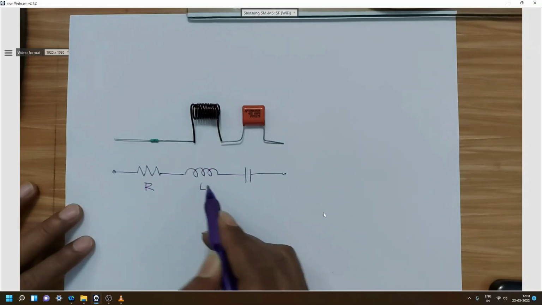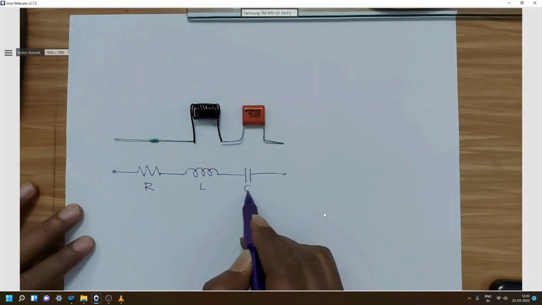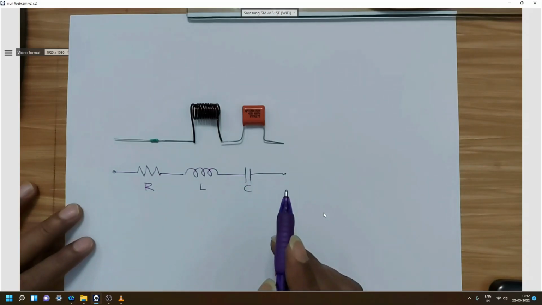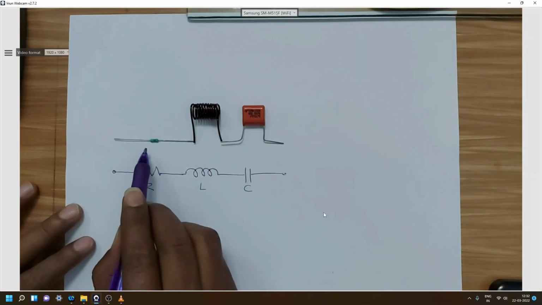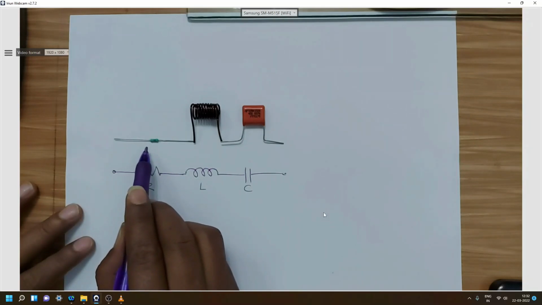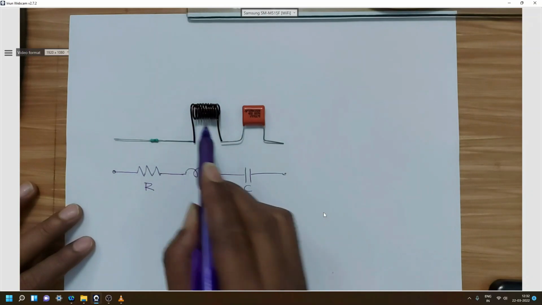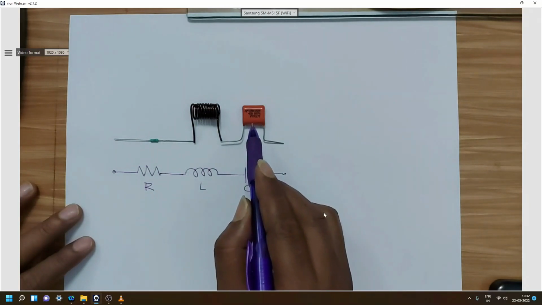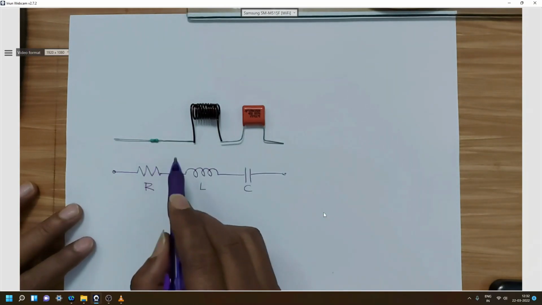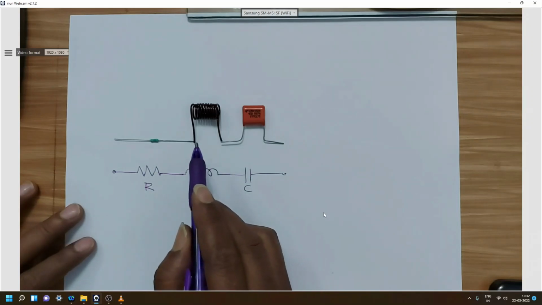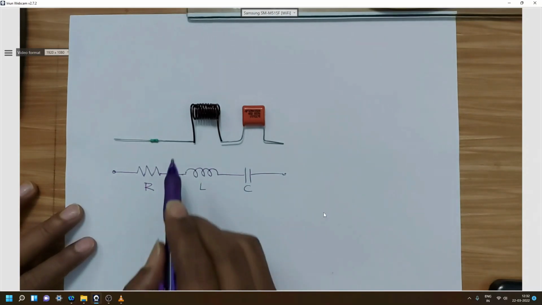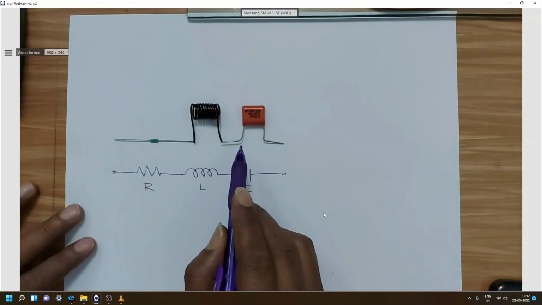Similarly, L represents the inductance and C represents the capacitance. In the practical case, we need to collect the practical components: resistor, inductor and capacitor. Those components may look like some other type, but here I have taken some examples.